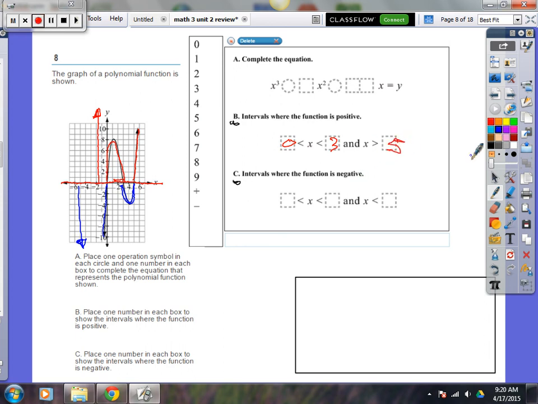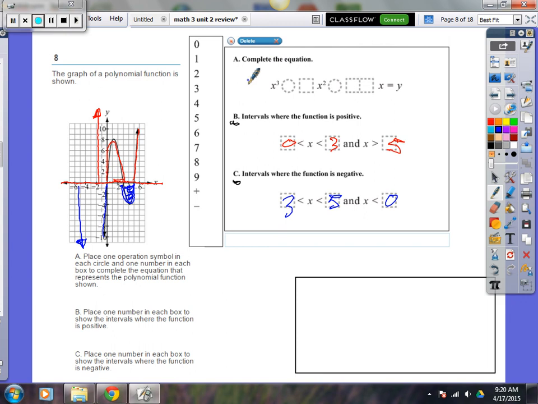Okay, the negative ones, I think this is going to be this region here. When x is smaller than 5 but bigger than 3, it's going to be negative. And then this guy, anytime x is less than 0, it's going to be negative.